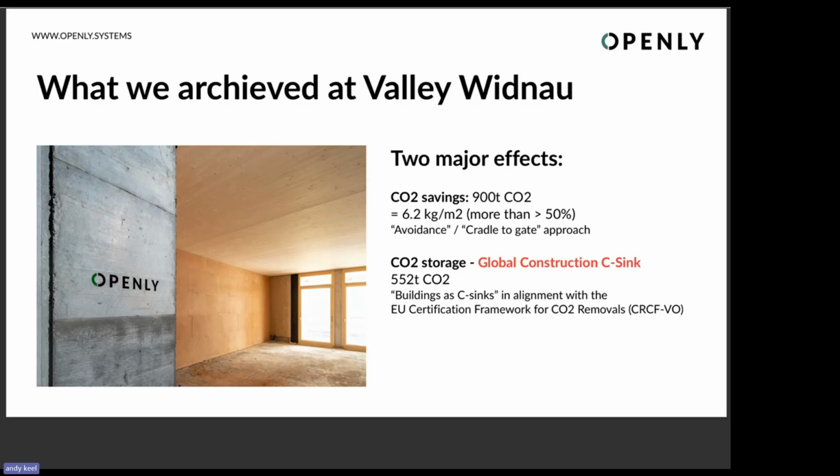What is super important to understand is that when you're using biogenic building materials, you're also saving CO2. So when we look at the CO2 balance from the pilot project, we have achieved about 900 tons of avoidance. Meaning by not building with concrete and a lot of glass and so on, we avoid about 50% of the emissions.